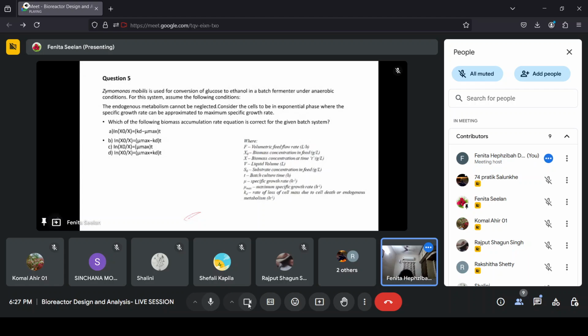So there are 4 options given, Option A, B, C and D. You are asked which of the following biomass accumulation rate equation is correct for the given batch system. Can anybody tell?